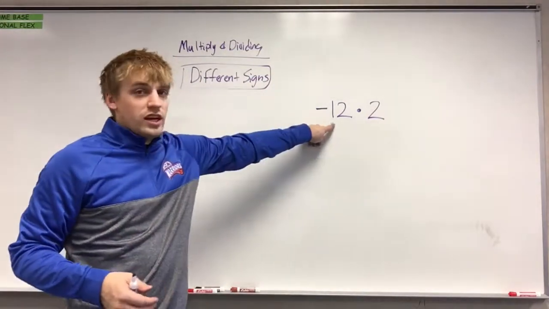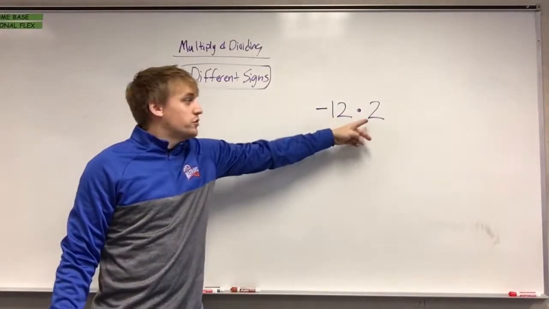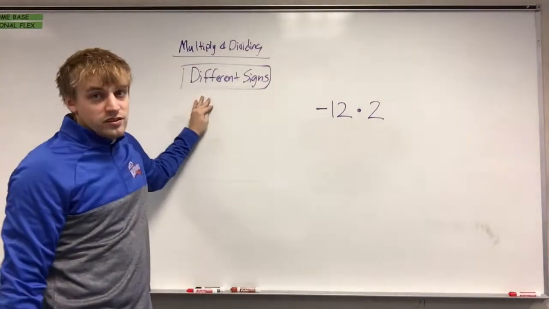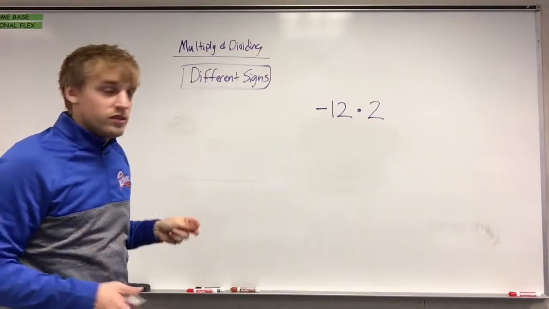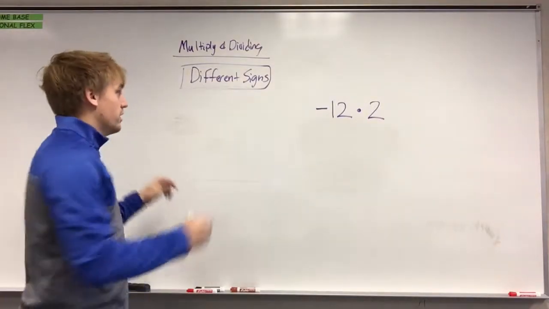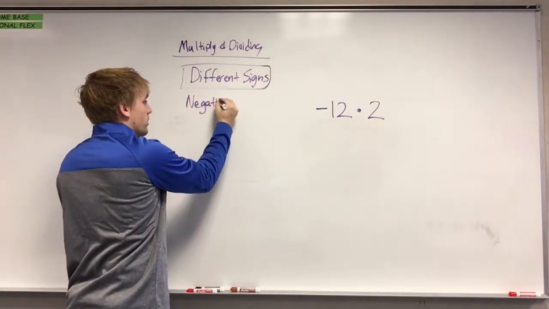So this says negative 12 times 2, which means 12 is negative, 2 is positive because there's not a negative. So the signs are different. But when the signs are different, the answer, when you're multiplying two numbers, is negative, no matter what.